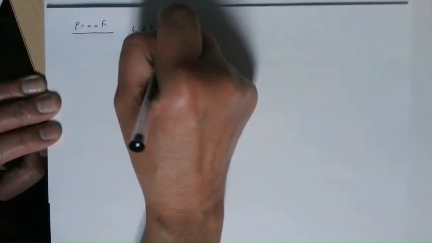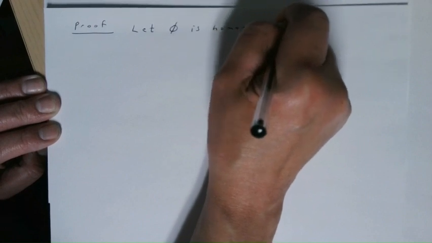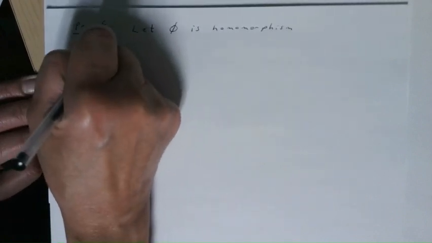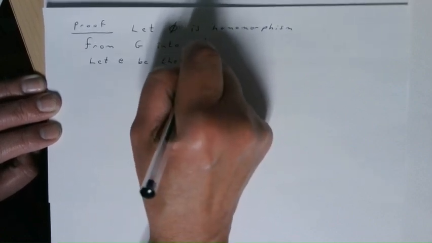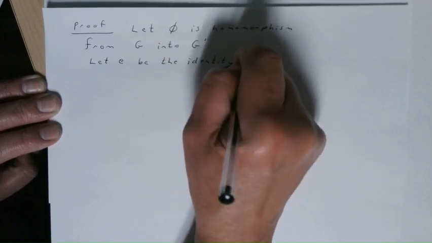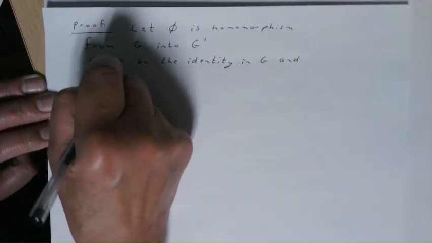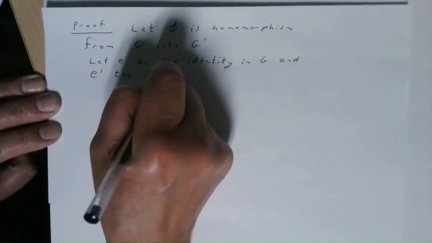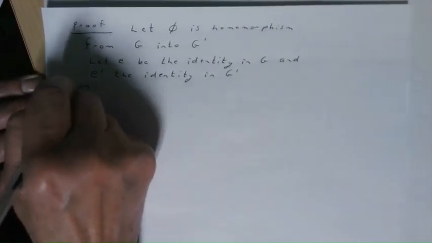Proof. Once again, we're assuming that phi is a homomorphism from G into G prime, and also let E be the identity in G, and E prime the identity in G prime. So again, let's start and prove this.